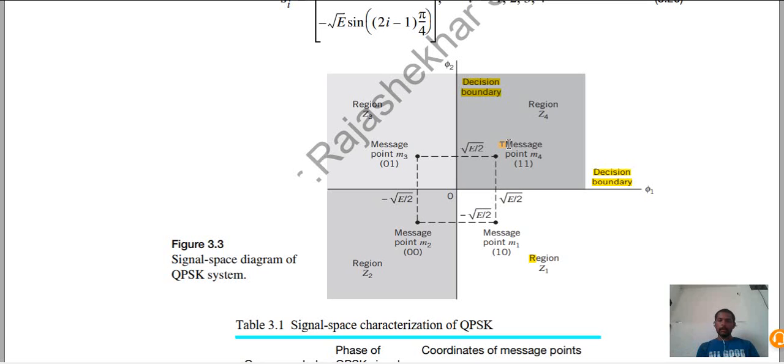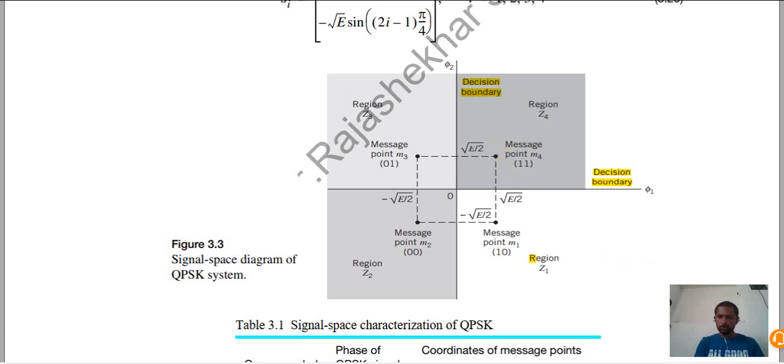Sometimes this is also called a constellation diagram, which has the energies minus square root of E by 2 and plus square root of E by 2, on the right side and in the up and down side.